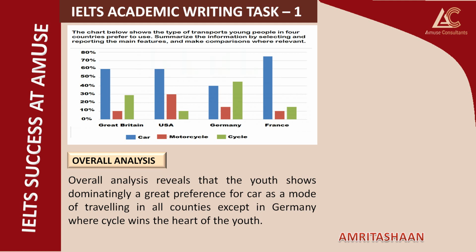Dear learners, when you are writing graph or anything in writing, you have to be very particular about the use of articles, punctuation, everything. So I read it for you again.